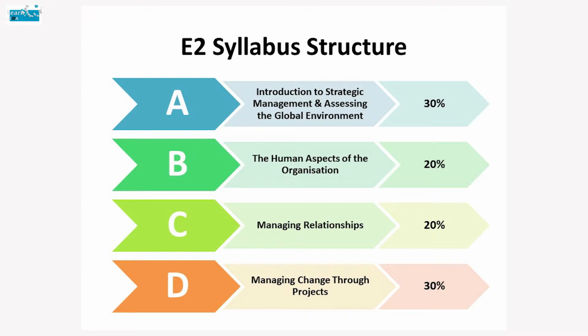The third element is around managing relationships, fundamentally relationships with all the different stakeholders, and this is about 20% of the syllabus. The final 30% of our syllabus is around managing change through projects. Again, a key topic that we will carry through to E3 as well.